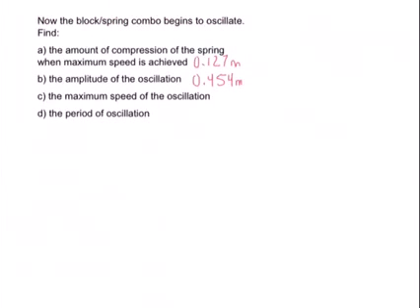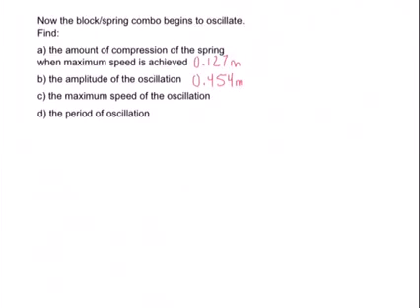Now let's move on to part C, the maximum speed of the oscillation. When we do this, the easiest way to treat this is, again, going back to energy. The maximum speed of the oscillation, well, speed implies kinetic energy. It's a vertical oscillation, and we know that's at the equilibrium position, so it's going to be a little bit above its maximum compression, so it's going to have some kinetic and some gravitational potential energy.